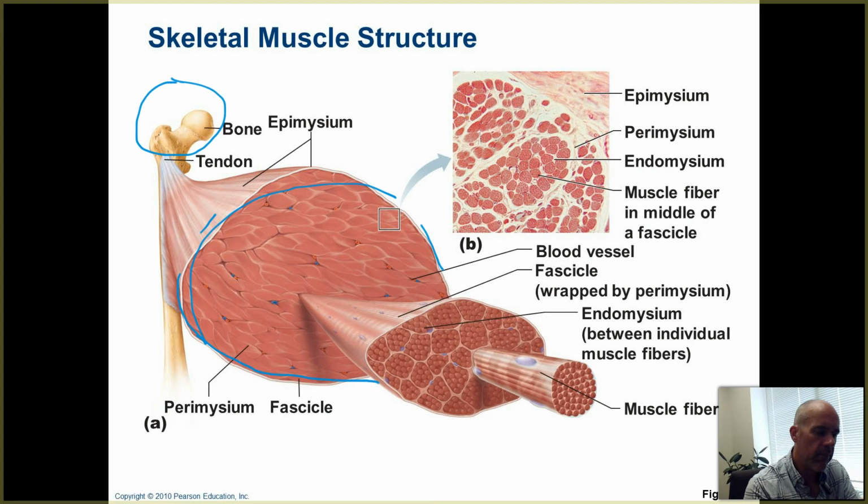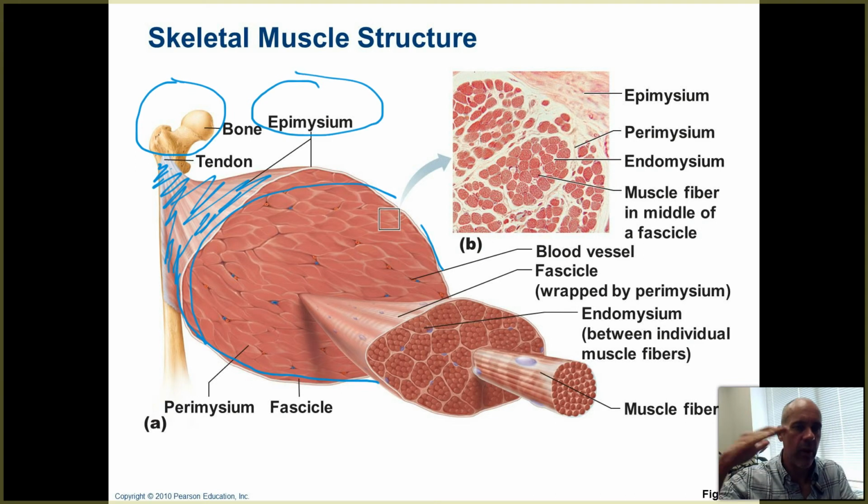And notice there is a covering right on here, kind of looks like a film on the outside of the skeletal muscle. That is a connective tissue covering called the epimysium. Remember, epi means to sit over something. So the epimysium is a dense, irregular connective tissue covering around the outside of a whole muscle.